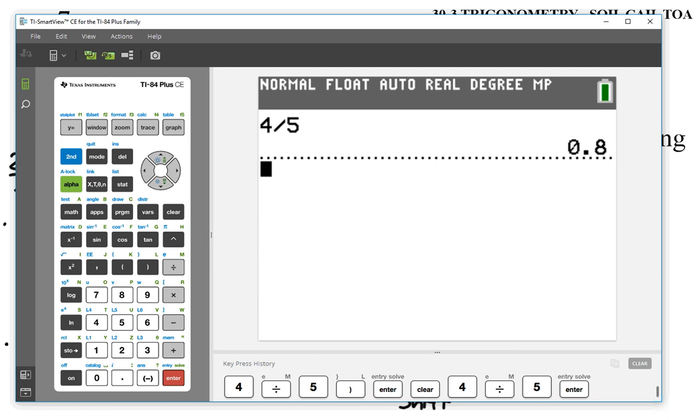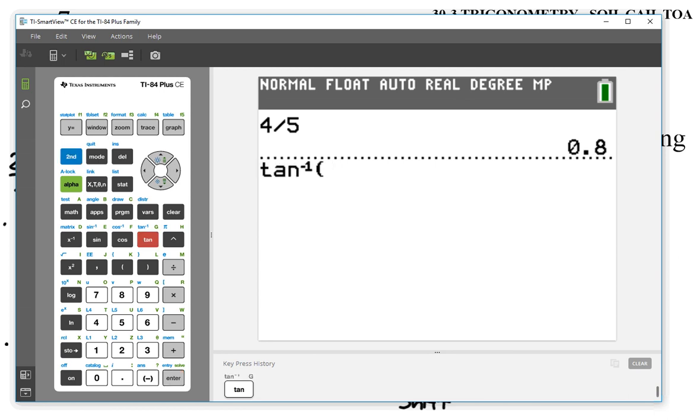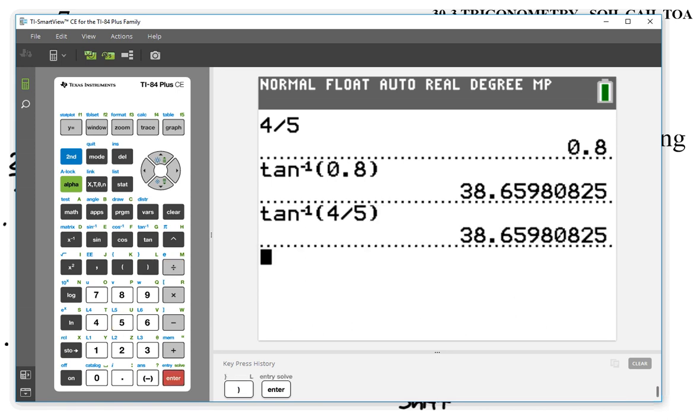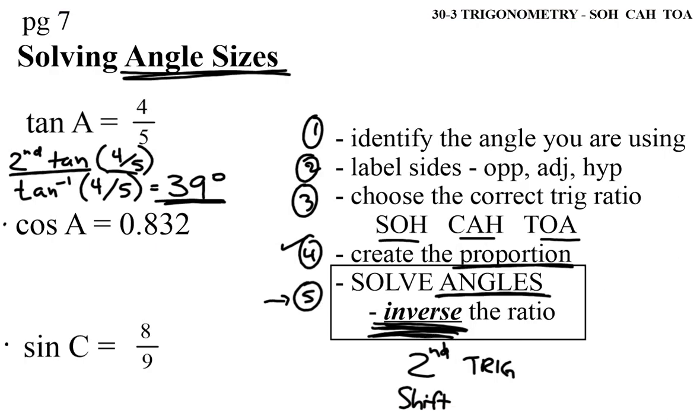Now we have a decimal, so we can go second function tan, and now we punch in the 0.8. Hit enter, and there's our same value. That's the same as second tan 4/5. We get the exact same thing, whether we use it as a decimal or as a fraction. 39 degrees.